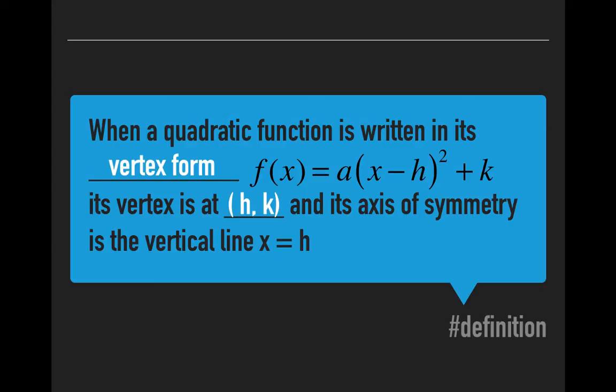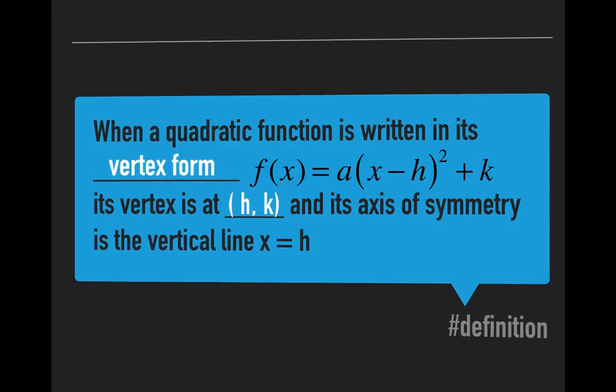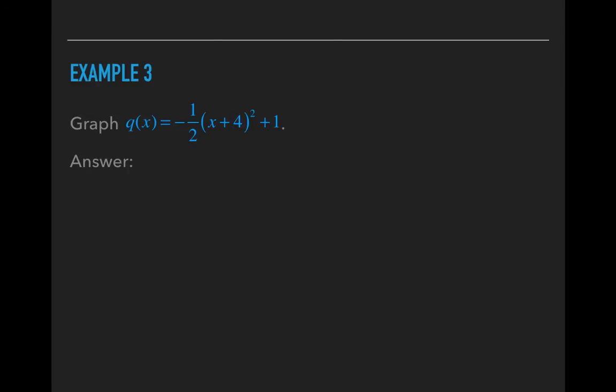But in the vertex, you're going to take the opposite. So like in that previous problem, the vertex, it's kind of like it was the opposite of what it seemed to be. All right, we're going to look at some more examples, and I'm going to try and make this even clearer for you.